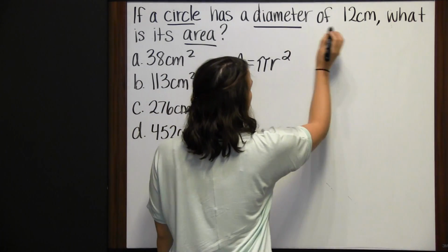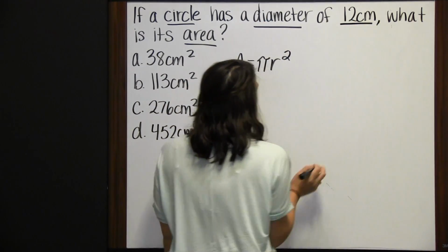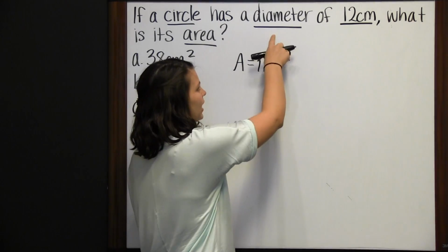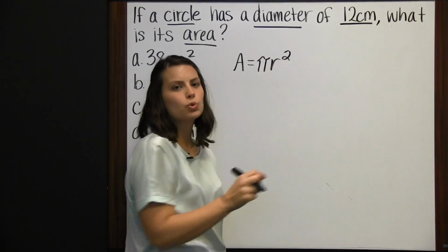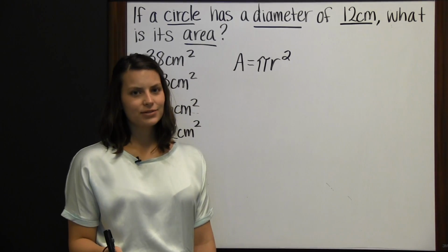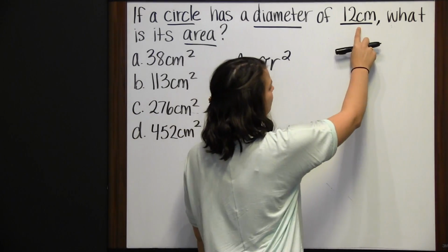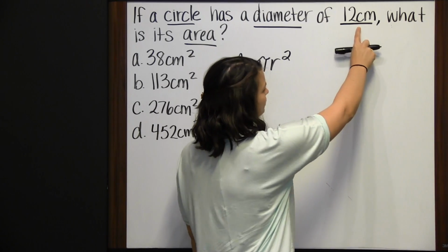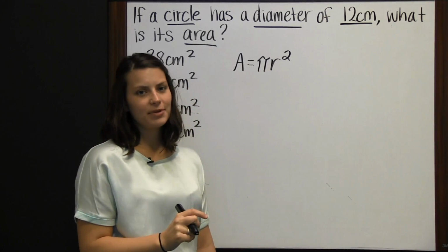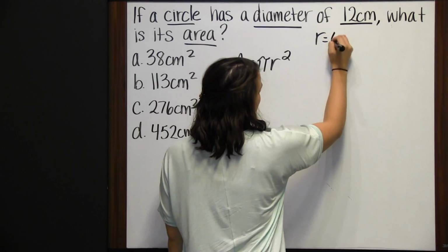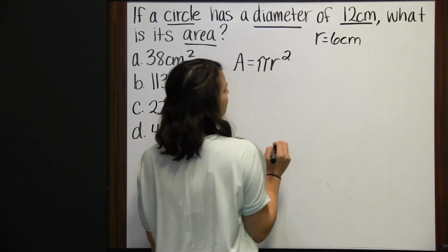We're given diameter, which is 12 centimeters. The diameter is twice the radius, or the radius is half of the diameter. So half of 12 centimeters would be 6 centimeters. So that means our radius is 6 centimeters.